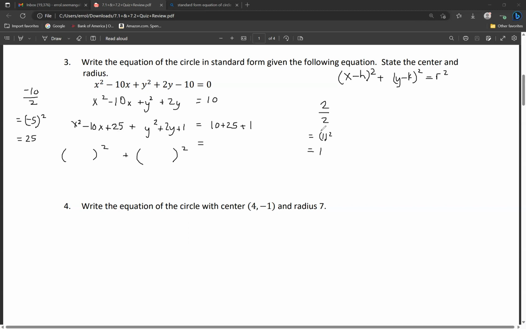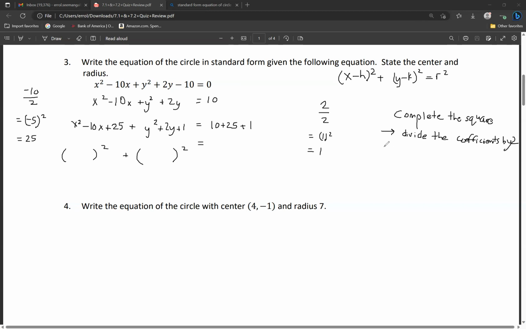So when we complete the square, here are the steps. One, we're going to complete the square. To do that, we divide the coefficient by two.